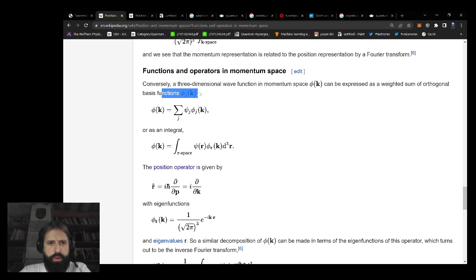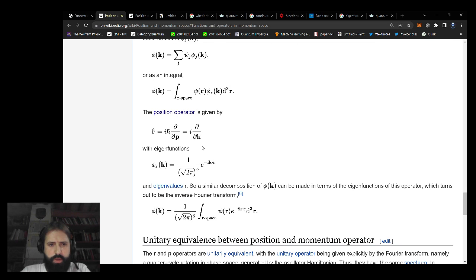These orthogonal basis functions are the eigenfunctions of the position operator. So essentially what you're doing is taking those and then integrating over that. I think that's the point. The point is you're integrating.